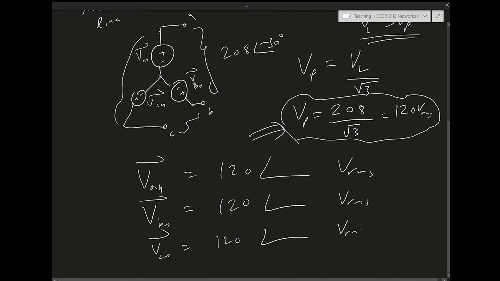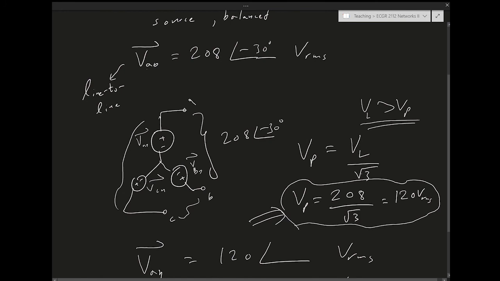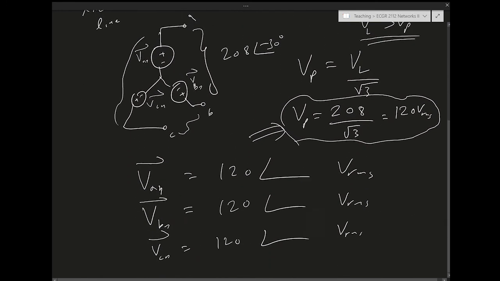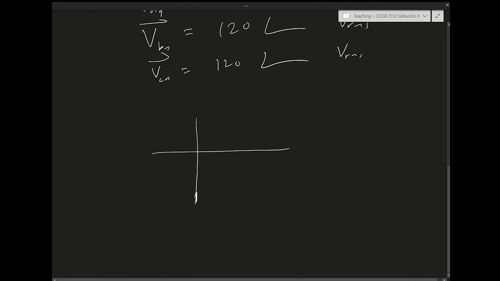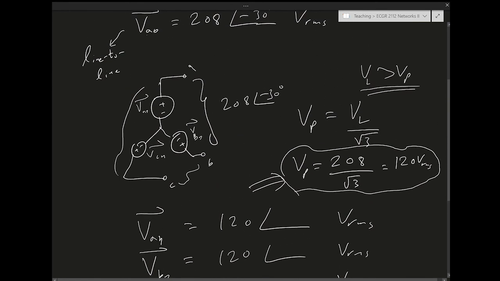What about the phases? Well, we have to do a phasor diagram first. So let's do the phasor diagram. Okay. So VAB is at minus 30, right?